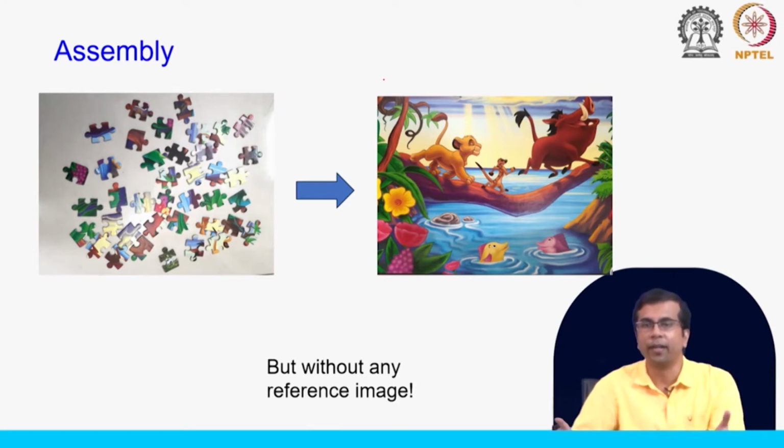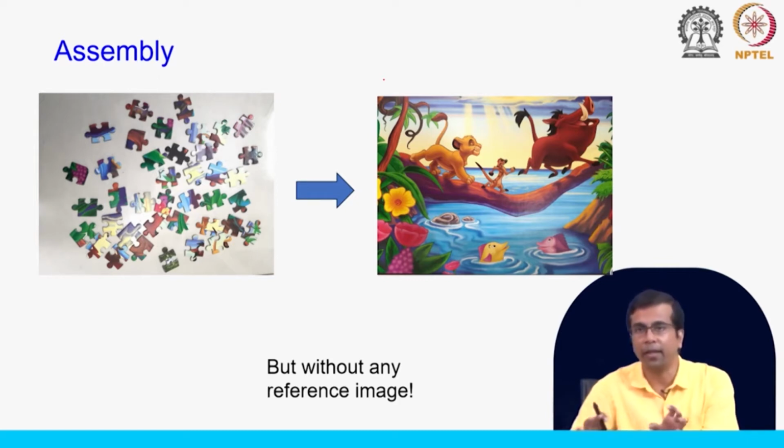If I give you, let us say, even 1000 pieces of a puzzle and I say, okay, assemble them so that they make some nice picture, but I am not going to give you any reference picture or reference image. That is what the assembly problem is. We have no idea about the reference genome sequence.